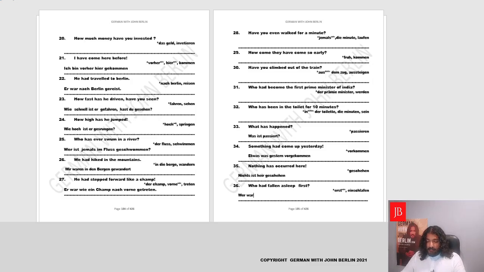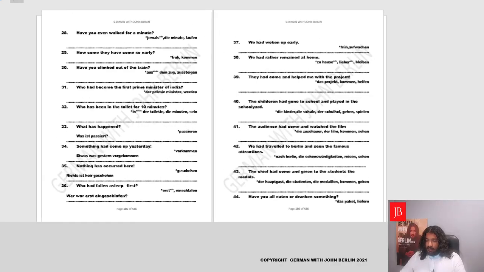We'll say wer war erst, first. Now we'll need to say fallen asleep. The verb is einschlafen, trennbares verb. Ein comes first, ge goes in the middle. Eingeschlafen, yes? Perfect. So it's a question. We'll write the question mark. What's the question mark called? It's a Fragezeichen. Perfect. So wer war erst eingeschlafen? Who had fallen asleep first?